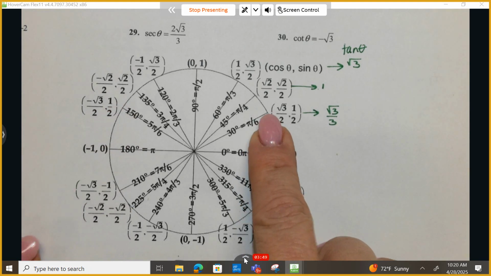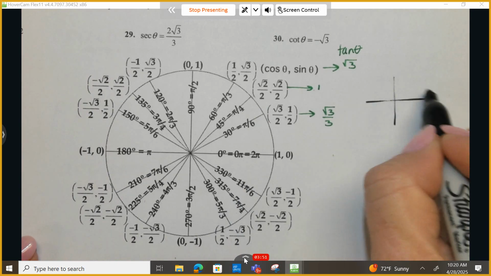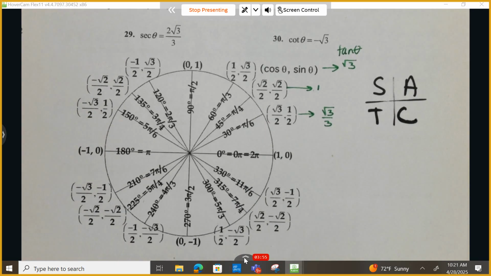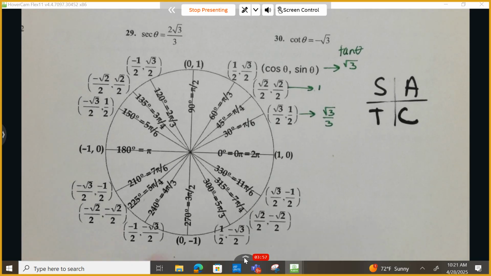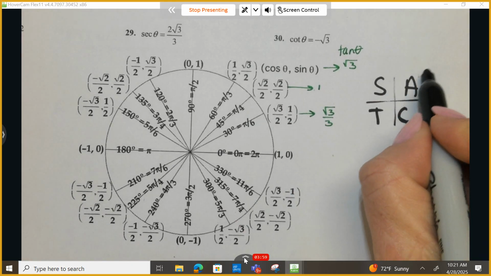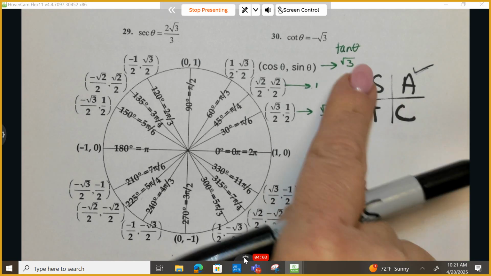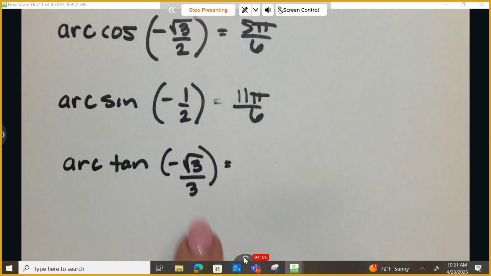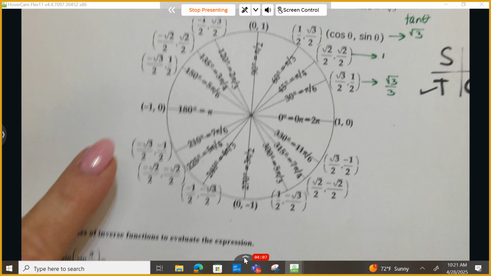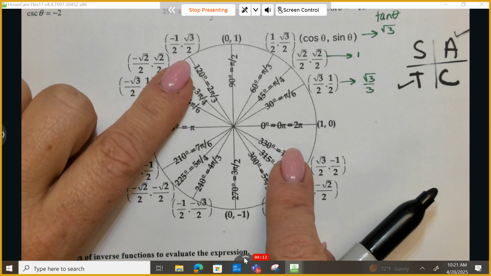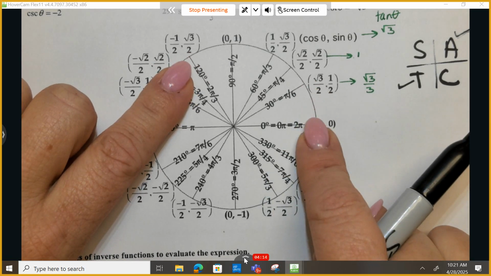Now, all-star trig class, let's put that off to the side. All-star trig class tells us that tangents are positive in 1 and positive in 3. They're going to be negative in 2 and 4. And I have a negative sign. So I know my tangents are going to land in 2 and in 4, and they have to have this reference angle.